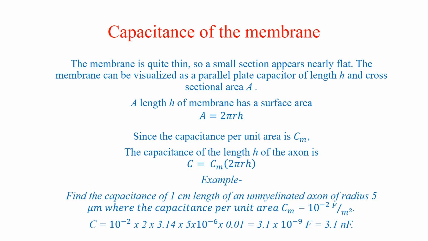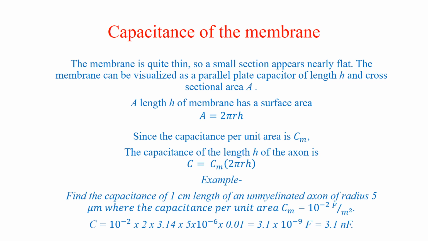In this slide, I show you how to calculate the capacitance of the membrane, the thin, flat membrane surrounding the axon. Since the membrane is quite thin, a small section appears nearly flat.